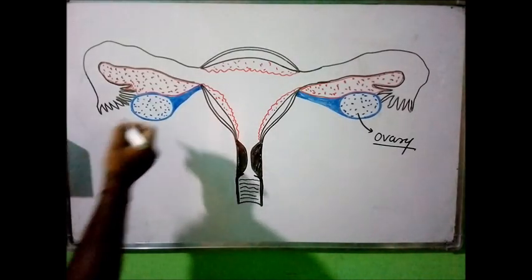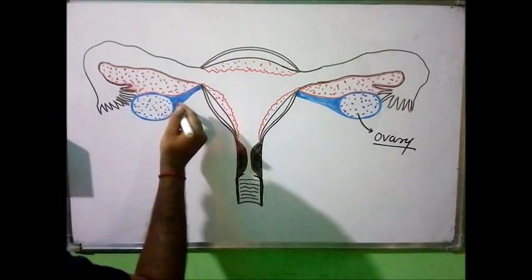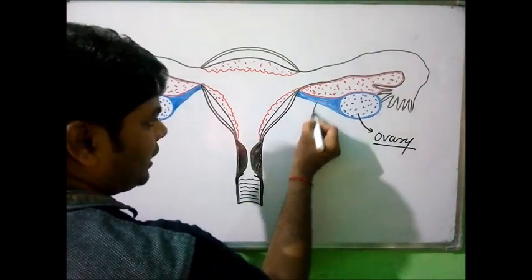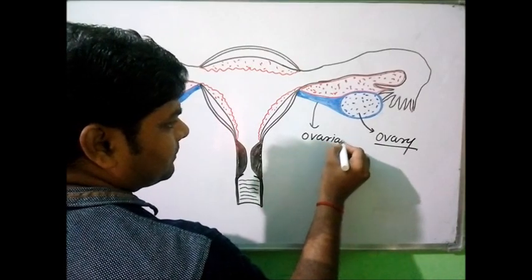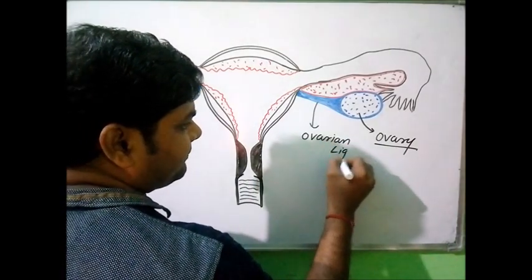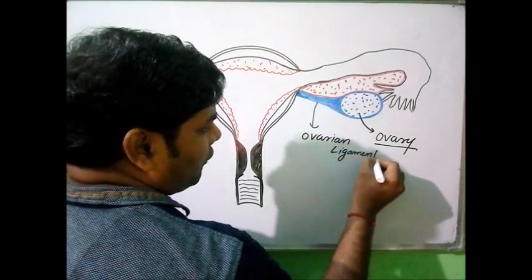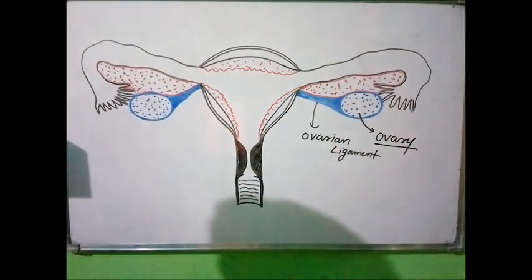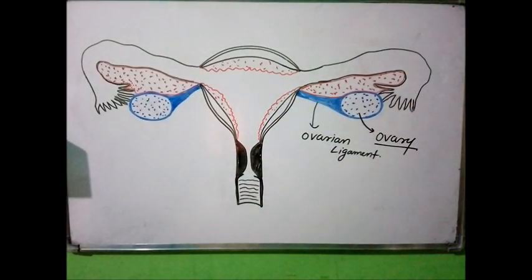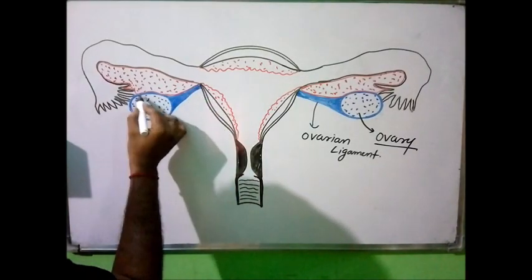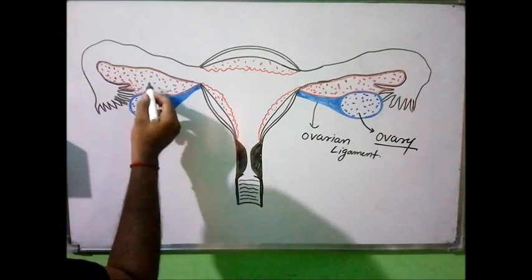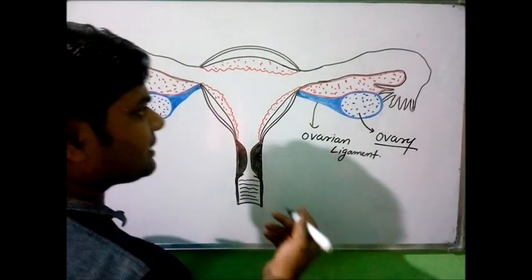The main connection of the ovary with the uterus body is by the help of a stalk-like structure called the ovarian ligament, which also encloses blood vessels. Then there is a peritoneal fold which also attaches the ovary with the fallopian tube wall on the external surface.